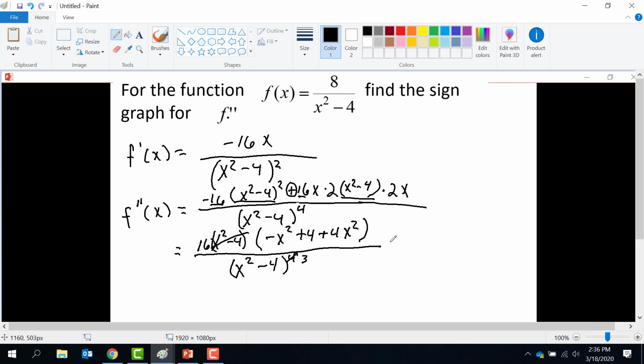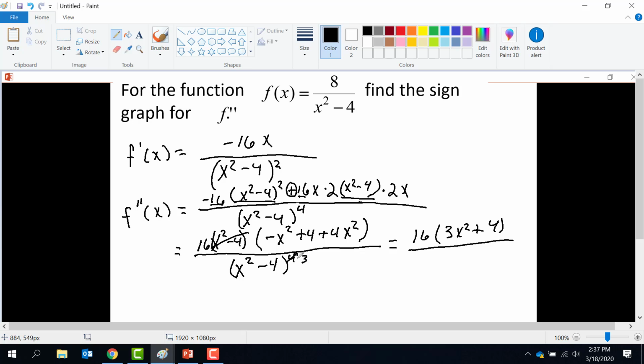And then what this becomes is we have a 16, and then the minus x squared and the plus 4x squared is 3x squared, and then plus 4. And in the denominator, we have x squared minus 4 to the 3rd power.